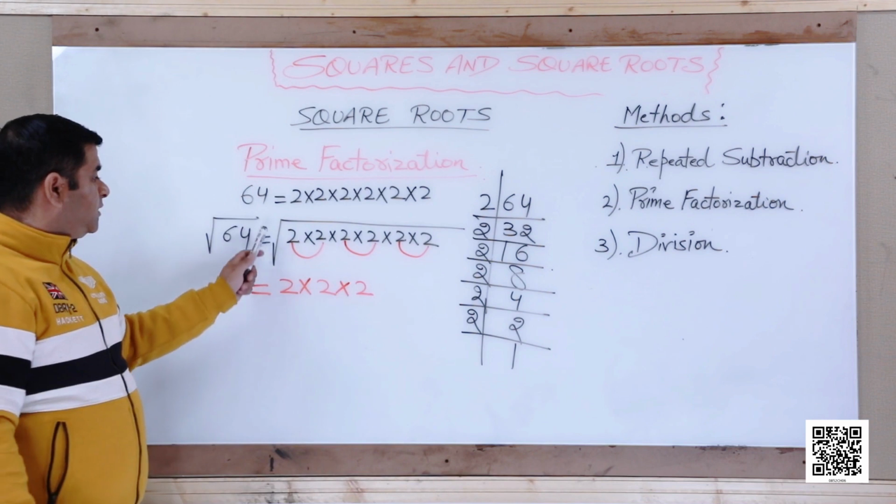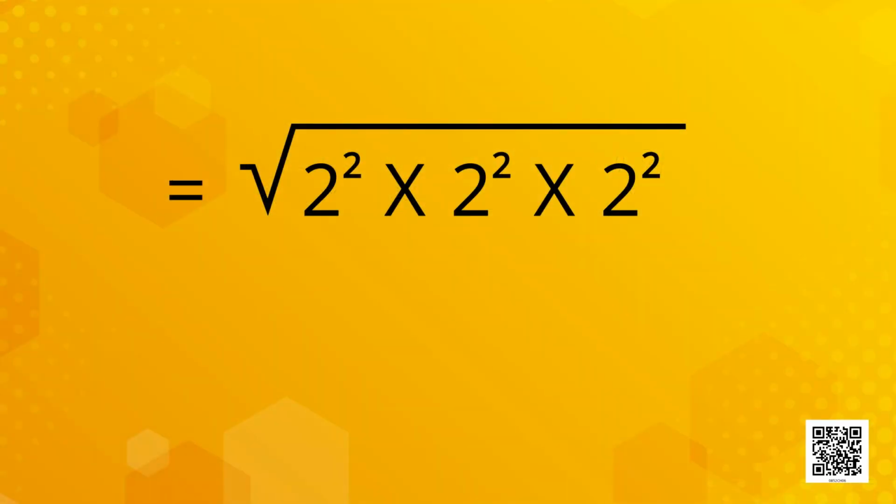Now you see, under this root, first pair of 2 multiplied by 2 can be written as 2 squared. Similarly, second pair of 2 multiplied by 2 can be written again as 2 squared, and the third pair of 2 multiplied by 2 can also be written as 2 squared.